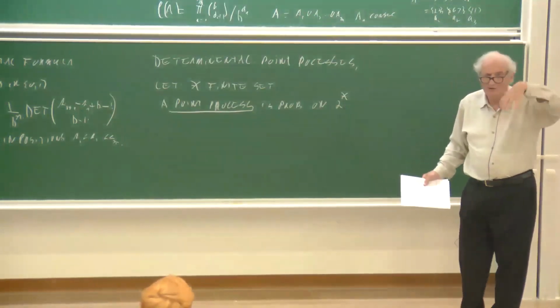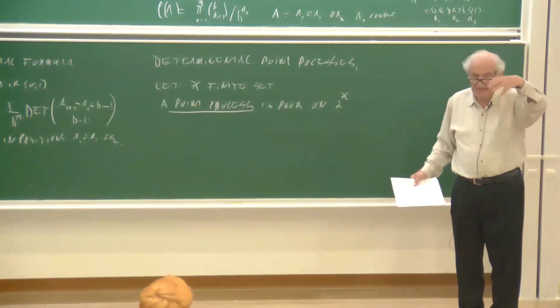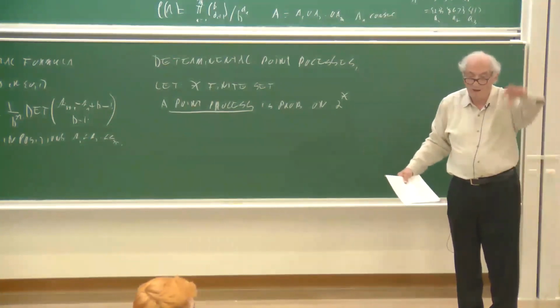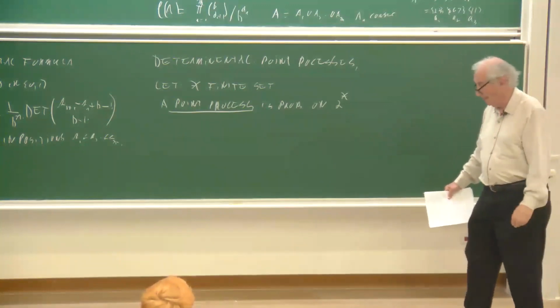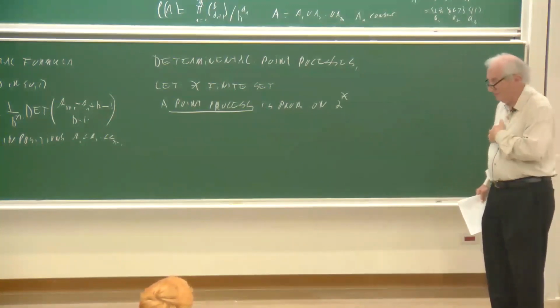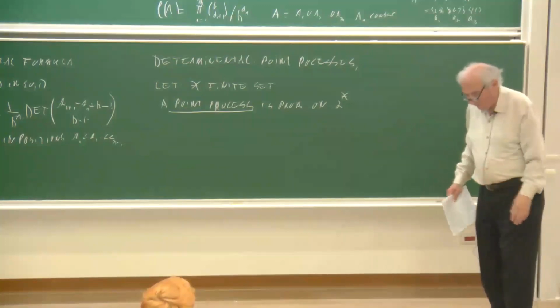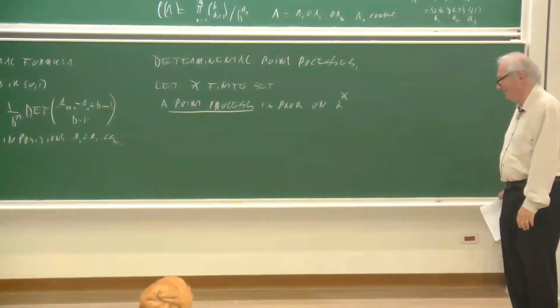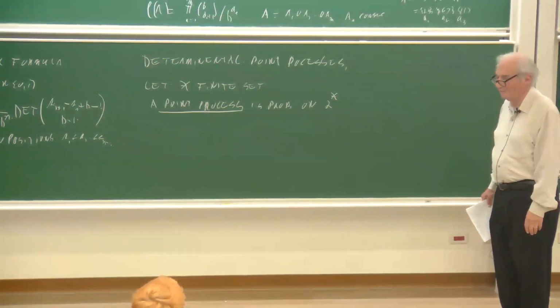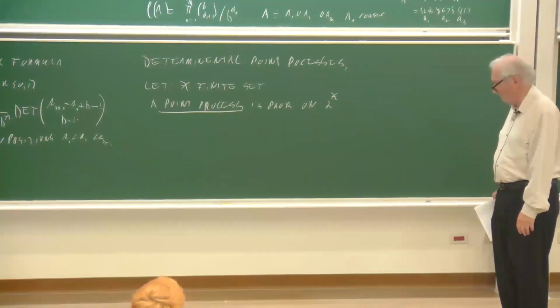For all subsets, you have the chance of that subset. And if you sum it up over all possible subsets, you get 1. That's what it means to say you have a probability. That's a point process. It's random, like where the students congregate. There are lots and lots of point processes in the world.